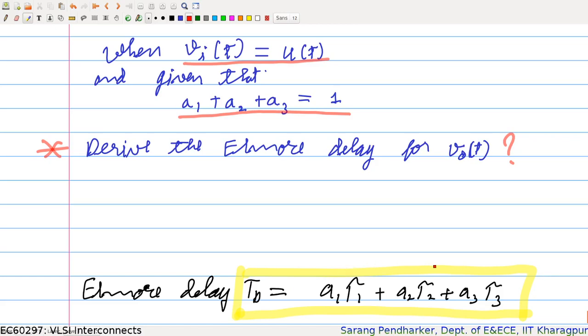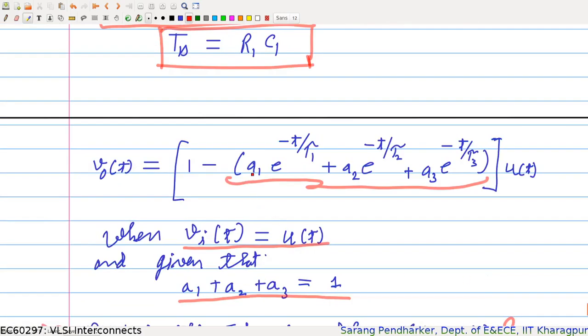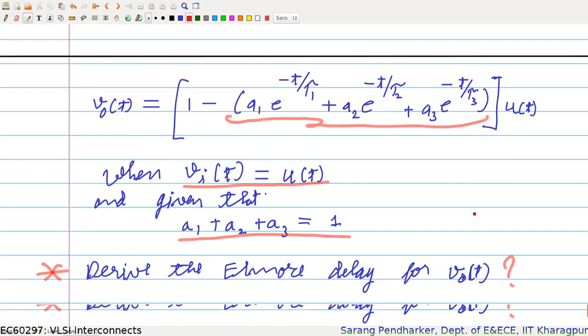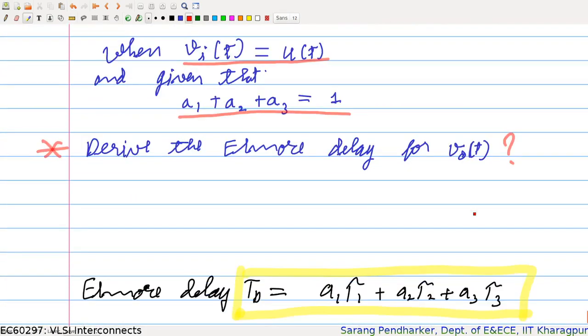Note that A1, A2 and A3 are the coefficients of these three exponential terms. You can see here that if I have a constraint that A1 plus A2 plus A3 is equal to 1, then what I am essentially doing is that my Elmore delay is sort of a weighted average of the individual RC delays or the charging times of individual exponential terms.